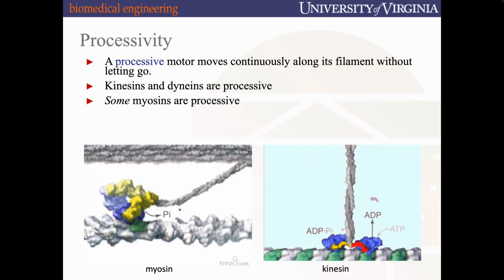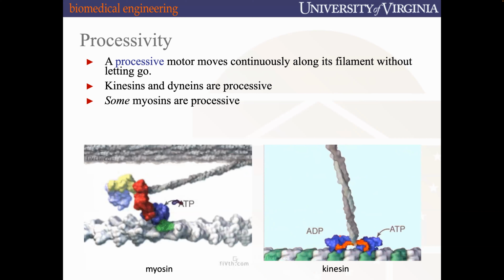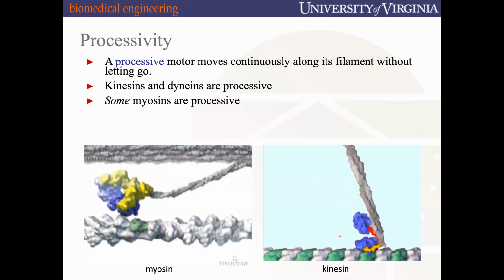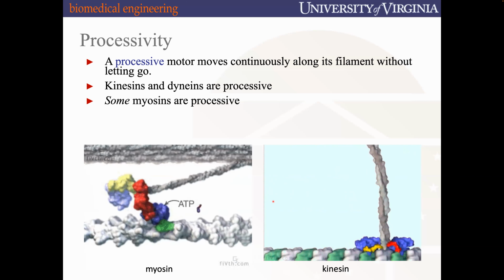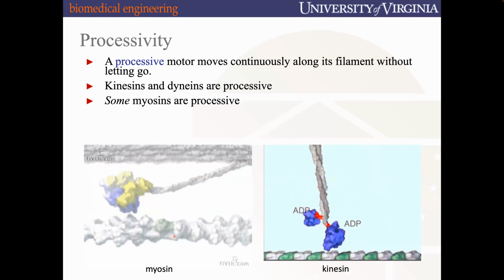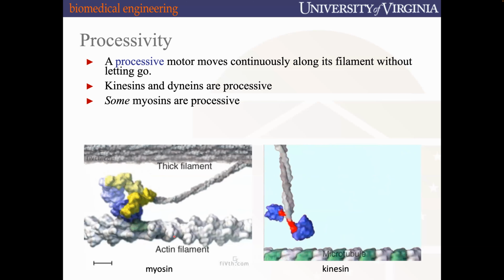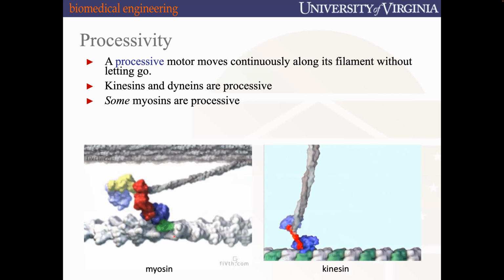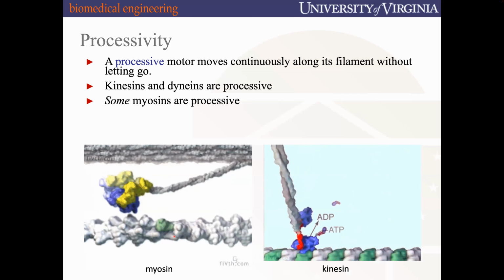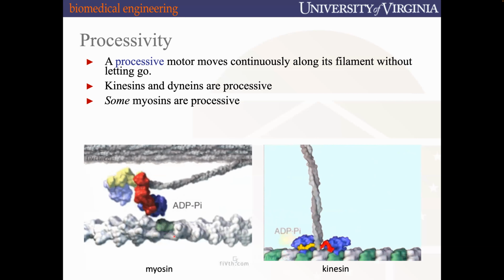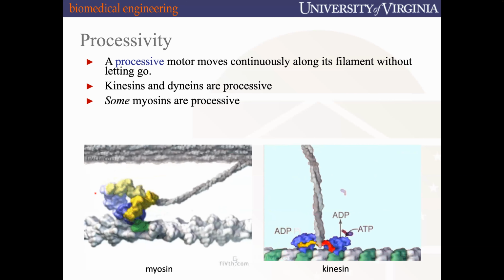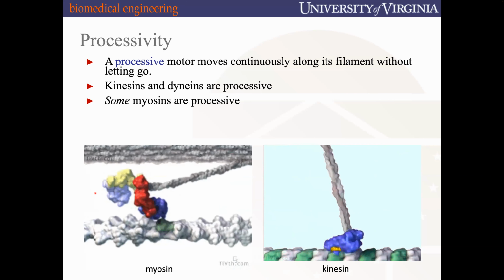When one part of the motor unbinds, the other is still attached, and it will rebind before unattaching the other one. Whereas the myosin in this example is detaching and then reattaching again with the binding of a new ATP molecule. This isn't necessarily true for all myosins. There are a lot of different types of myosin motors, and we'll talk about those in the next lecture. But this is an important concept to be aware of when we talk about defining how these molecular motors work.